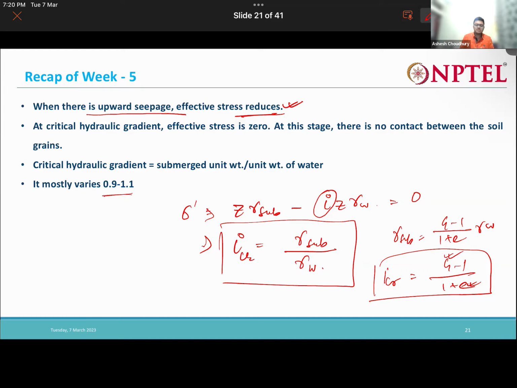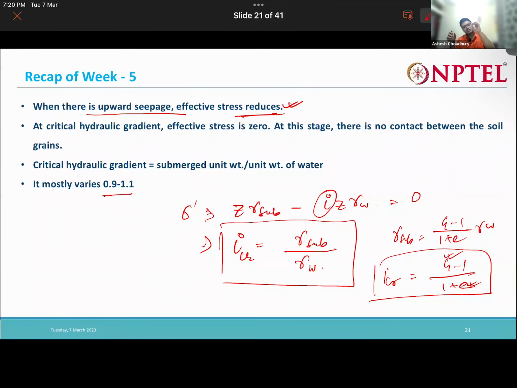So this is actually known as the quicksand condition or boiling. Why quicksand condition? Quicksand condition occurs when the soil loses all its strength. How does it lose all its strength? Because the effective stress actually becomes zero.